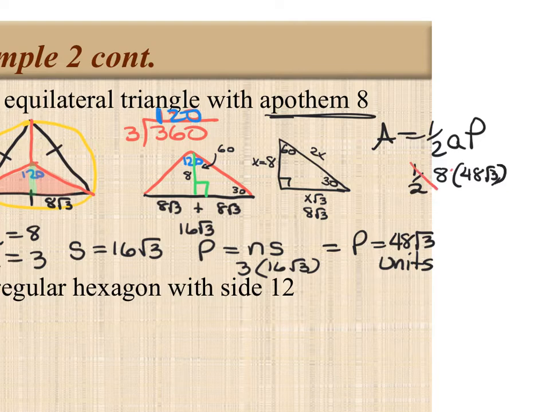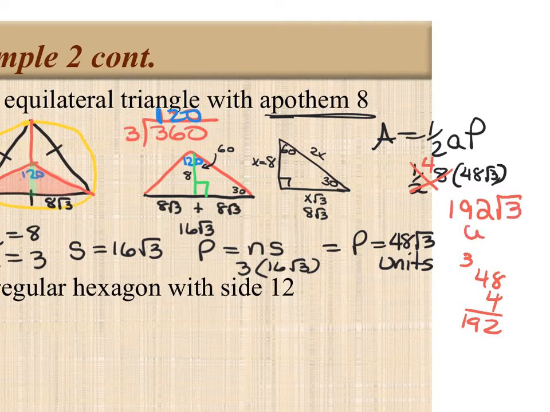So 8 divided by 2, I'm going to change this to a 4. And now 48 times 4 gives me 192 square root 3 units squared. And that would be the area of that triangle with an apothem of 8.